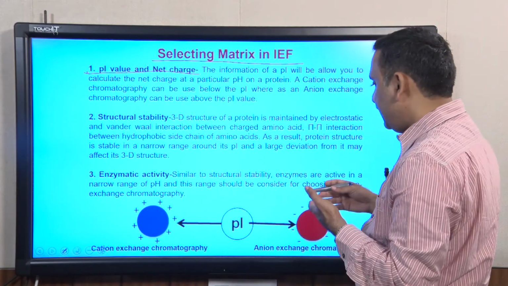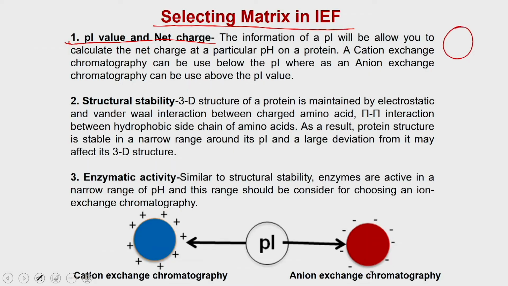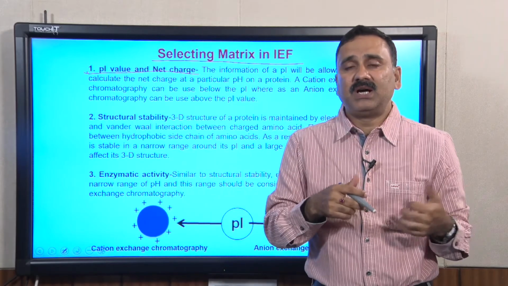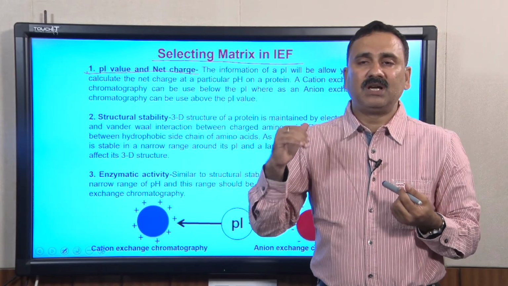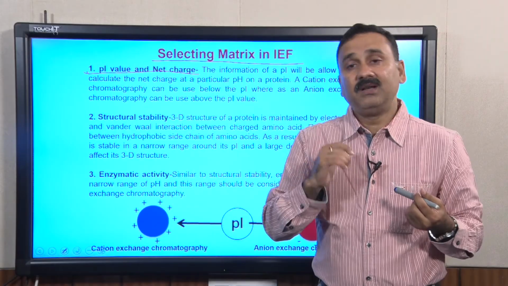So, the protein has positive charges as well as negative charges, but if you titrate these proteins at different pH, these negative or positive charges are going to be neutralized by the ions present in the buffers at different pH.